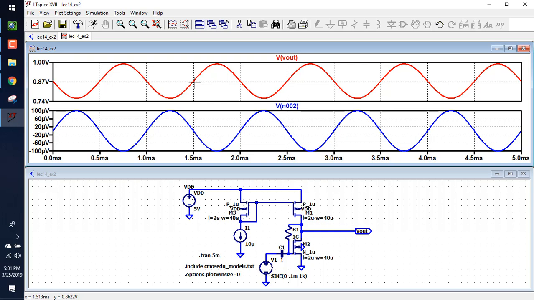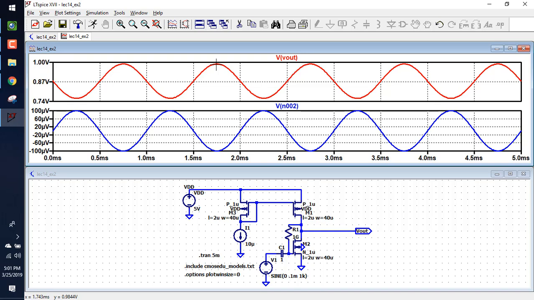I'm swinging around 0.87, and I'm going up to roughly 130 millivolts. So my input's 0.1 millivolt, and my output's 130 millivolts. So what's the gain I'm seeing? Roughly 130 millivolts over 0.1 millivolts, or 1,300.